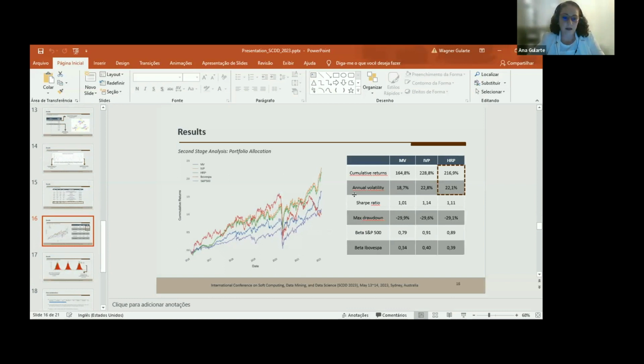In the table, as noted in the performance indicators reflecting the accumulated return and volatilities, the inverse variance portfolio had the best Sharpe ratio, 1.14, followed by hierarchical risk parity, 1.11, and mean variance, 1.01.